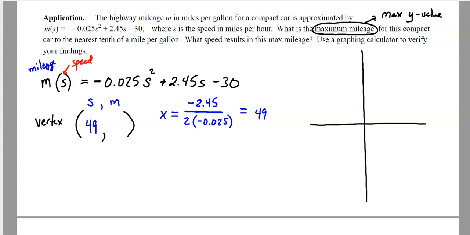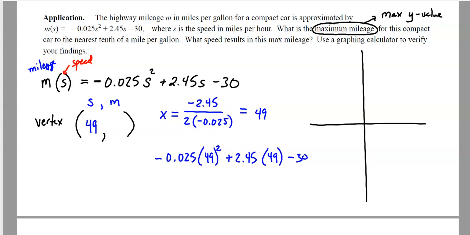And now I need to figure out, when I plug that in the calculator, what I get. So I need to stick 49 in there. So that'd be 49 squared plus 2.45 S, that's another 49, minus 30.